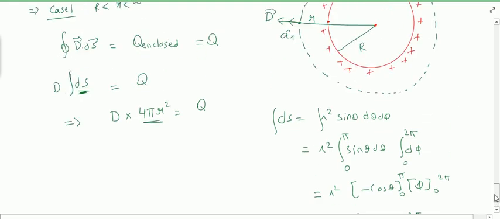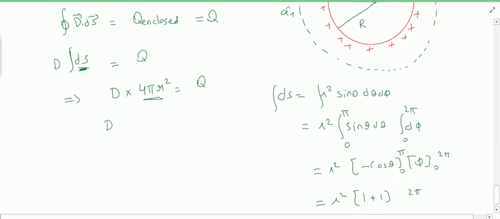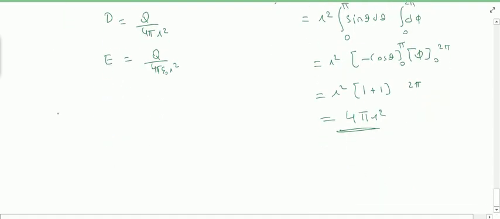So now D becomes Q by 4 pi r square. I can also write E equals Q by 4 pi epsilon naught r square, and in vector form, E equals 1 by 4 pi epsilon naught, Q by r square, a r cap.